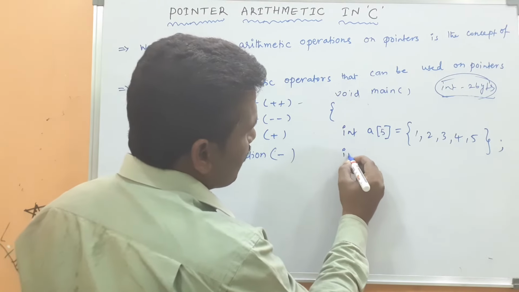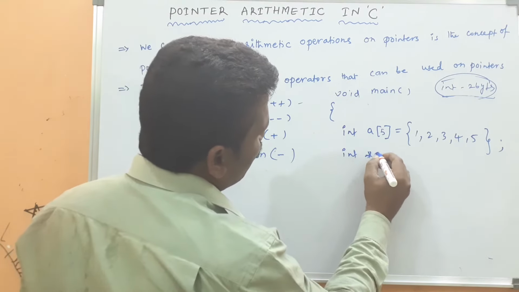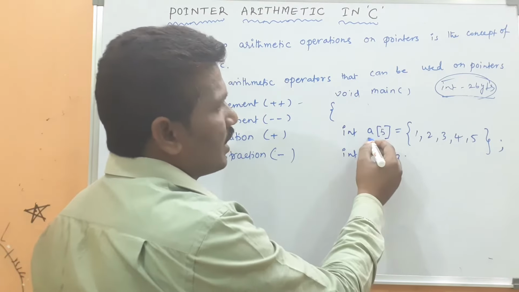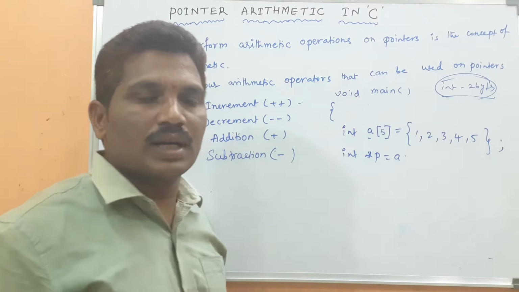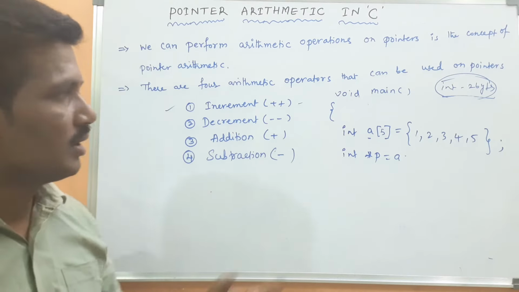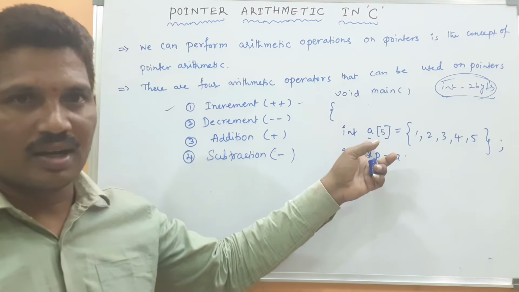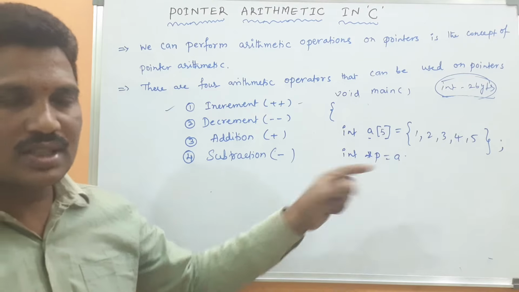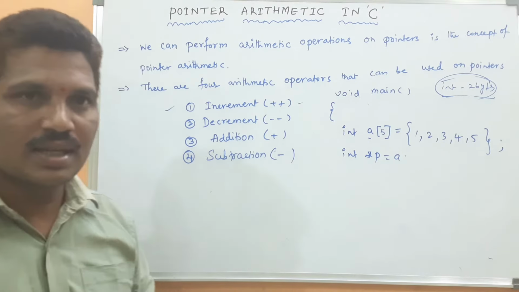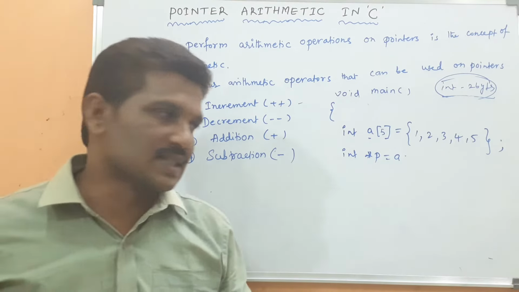Int pointer p equal to a, because a is the starting address of the array elements. In the array concept, the name of the array holds the address of the first element.